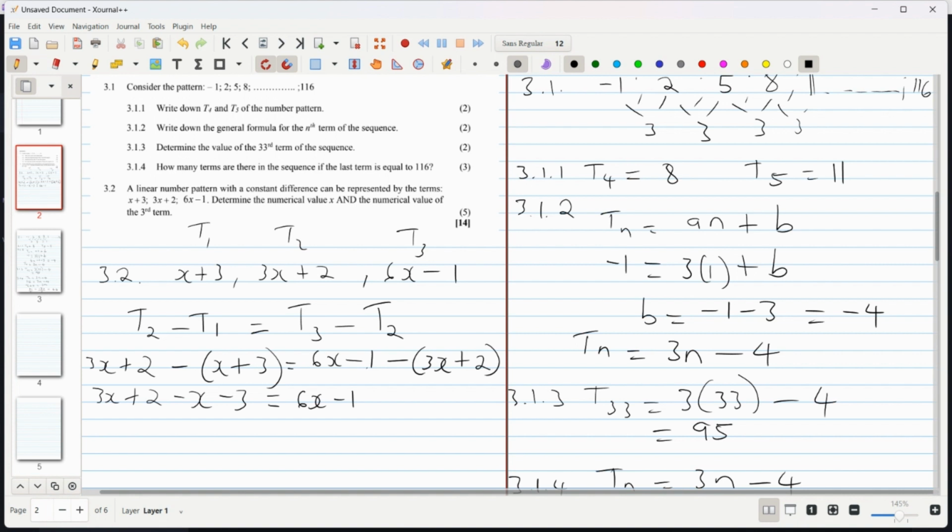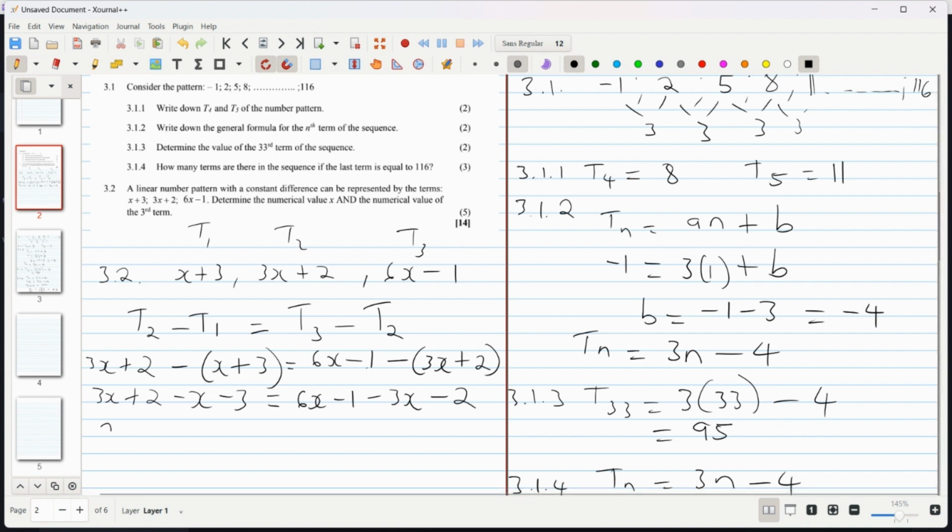Negative multiplied by 3x gives negative 3x, and negative multiplied by 2 gives negative 2. Now you group the like terms. On the left hand side, you have 3x and negative x, which gives 2x. And then 2 minus 3 gives negative 1.